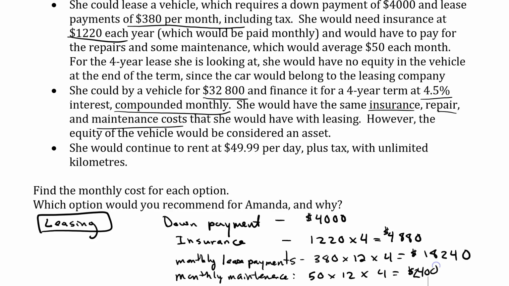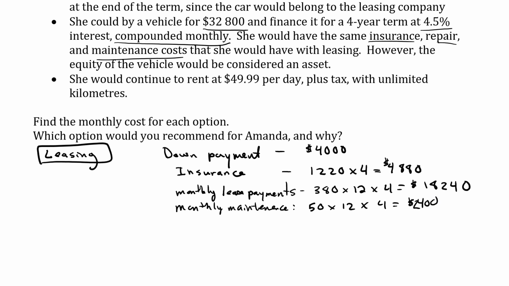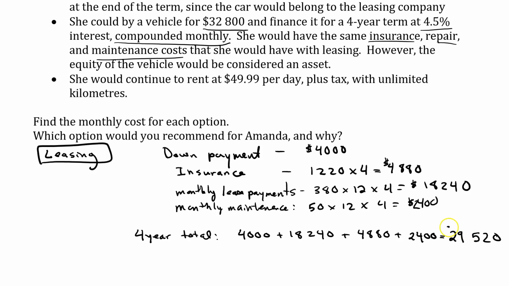So another way we could have approached this is we could have just taken this and divided it by 4, and then we would just find the yearly cost of things. But this way works too. So the 4-year total is going to be $4,000 plus $18,240 plus $4,880 plus $2,400, for a total of $29,520.